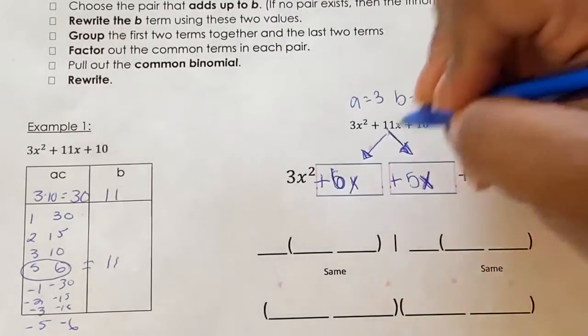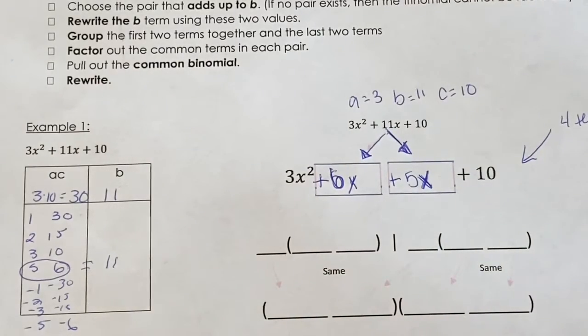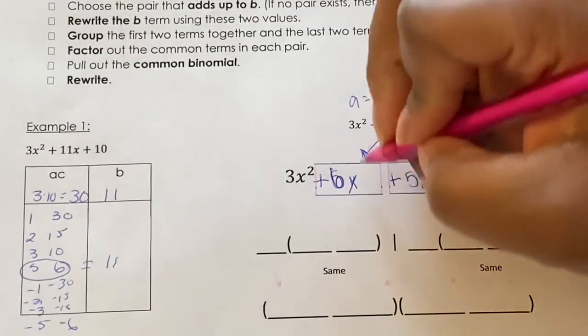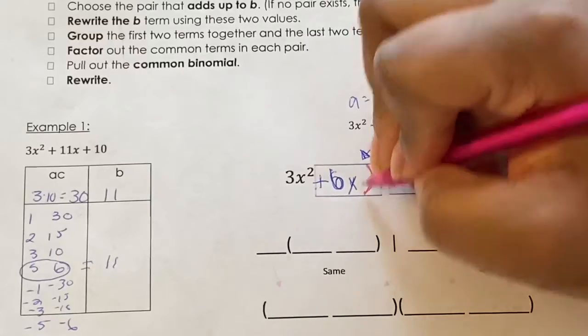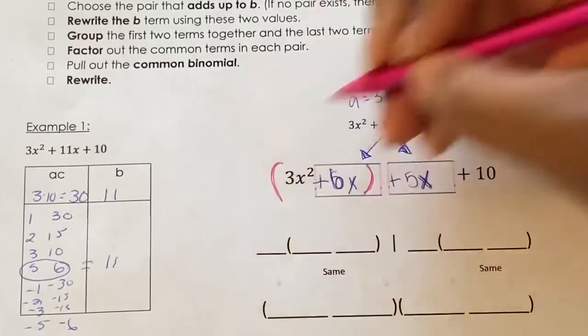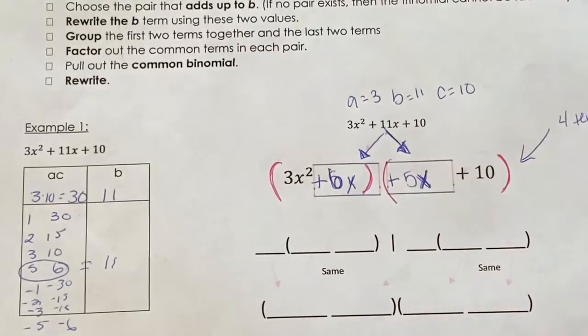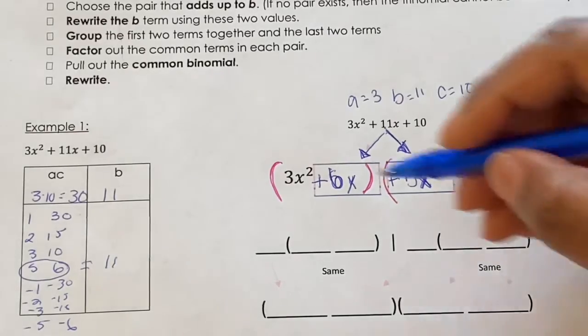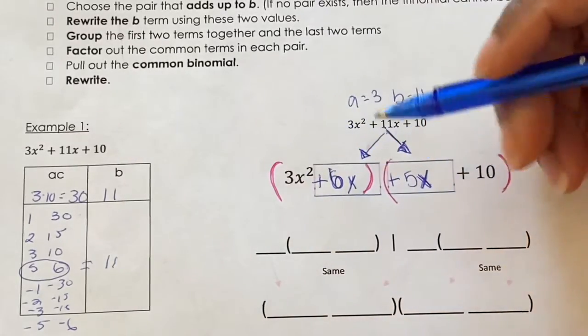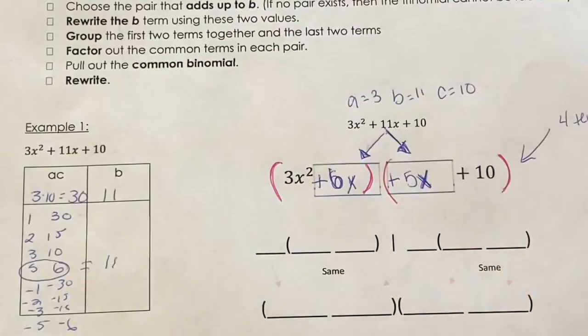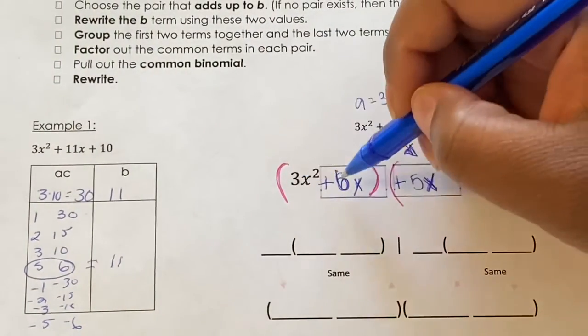So I'm going to group the 3x squared plus 6x, and I'm going to group the positive 5x plus 10. Okay, now looking at our first group, what's our common factor? Well, 3 is a factor of 6.